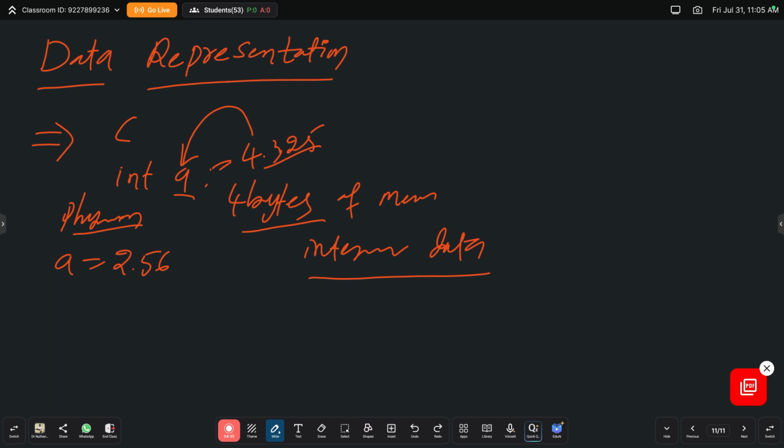But finally, the compiler understands it is a float and requests the operating system, because the operating system's job is to assign the memory for the variables. The compiler is not going to assign it. The compiler is going to understand your instruction, and whatever is required, the compiler will communicate to the operating system.